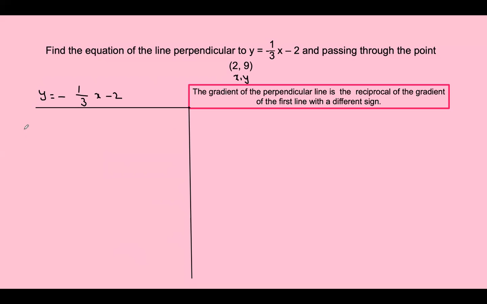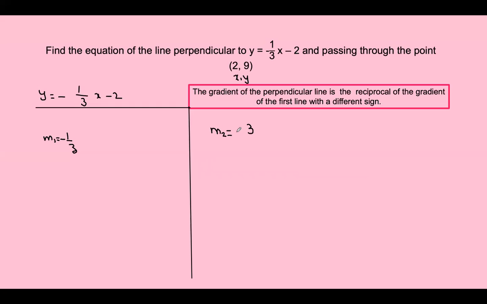Because I'm going to need both of them. Right, first thing first, let's get the gradient out of the first one. The gradient of the first line, let's call it m1, is -1/3, which means the gradient of our perpendicular line is going to be, flip this fraction upside down, 3/1 or simply 3, and change the sign from minus to positive.